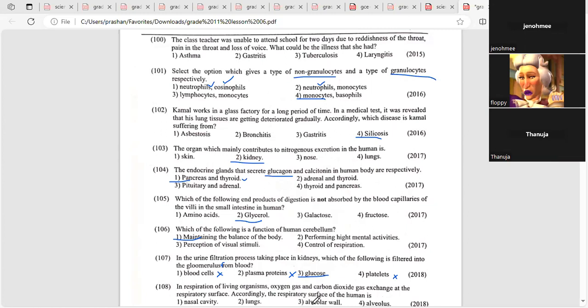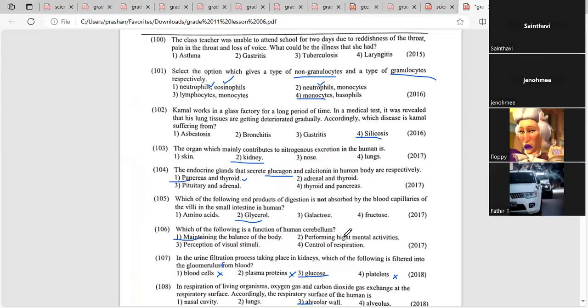Nasal cavity, lungs, alveolus are not correct answers. The correct answer is alveolar wall. We discussed the special features of the alveolus for efficient gas exchange today. Now you can correct your answers. These are the correct answers.